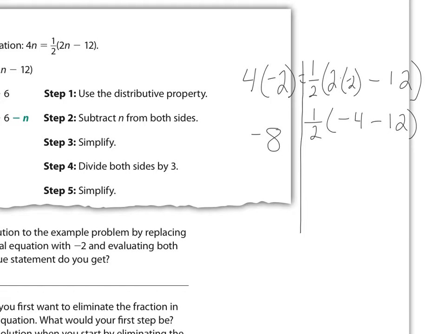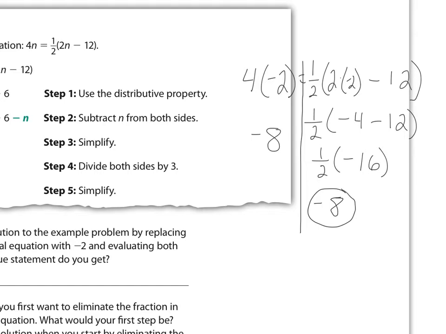Inside the parentheses, I take -4 minus 12 and get -16. I still have to multiply that by 1/2, and 1/2 times -16 gives me a value of -8 on the right-hand side.